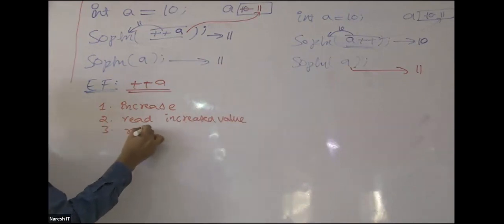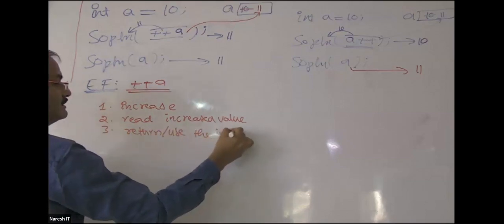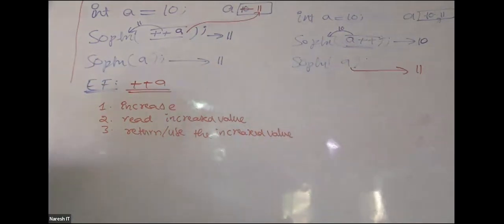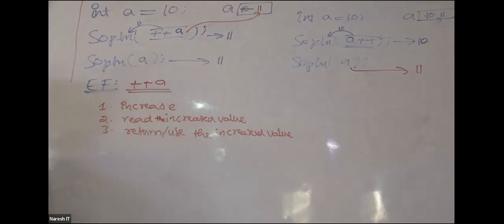Third step, return or use the increased value. First step, increase. Second, read the increased value. Third step, return or use the increased value.